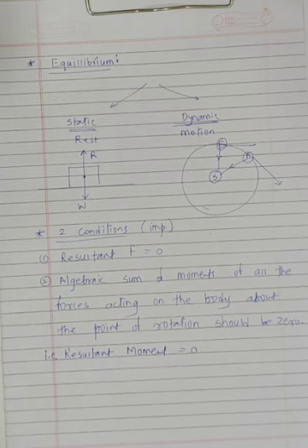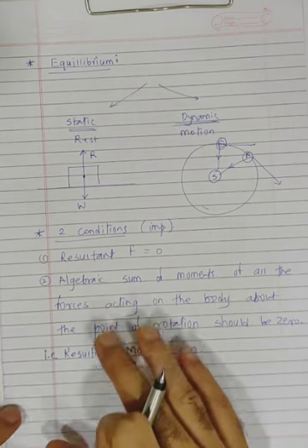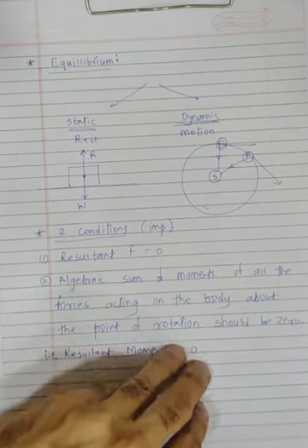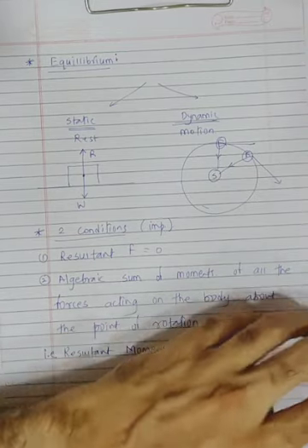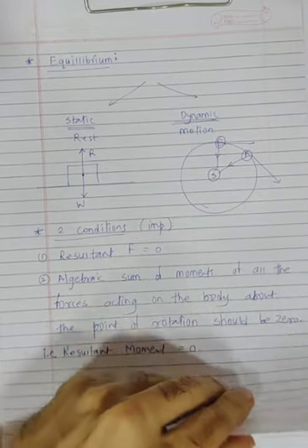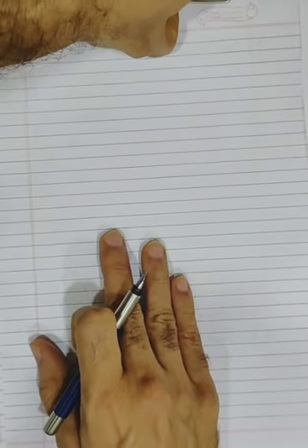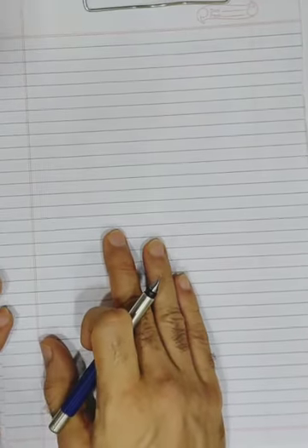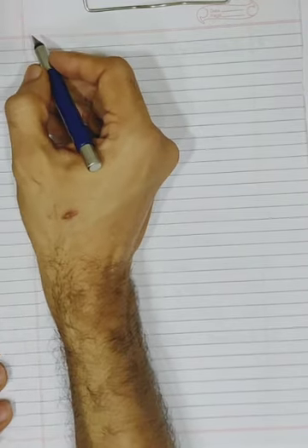Guys, now we will discuss the principle of moments, which I told you is one of the most important parts of this chapter. So what do you mean by principle of moments?